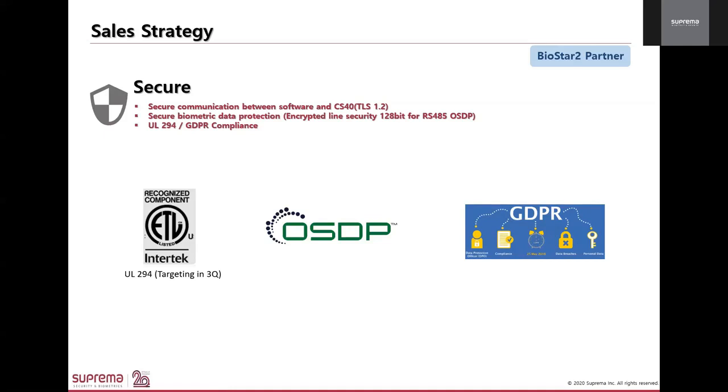Then you have GDPR compliance as well, where you have options to not store the information on the device, or you could connect the device via Wiegand, where nothing is stored on the device at all. And then we're working on a UL 294 certificate. We're targeting that around Q3, so we should have that in the third quarter.